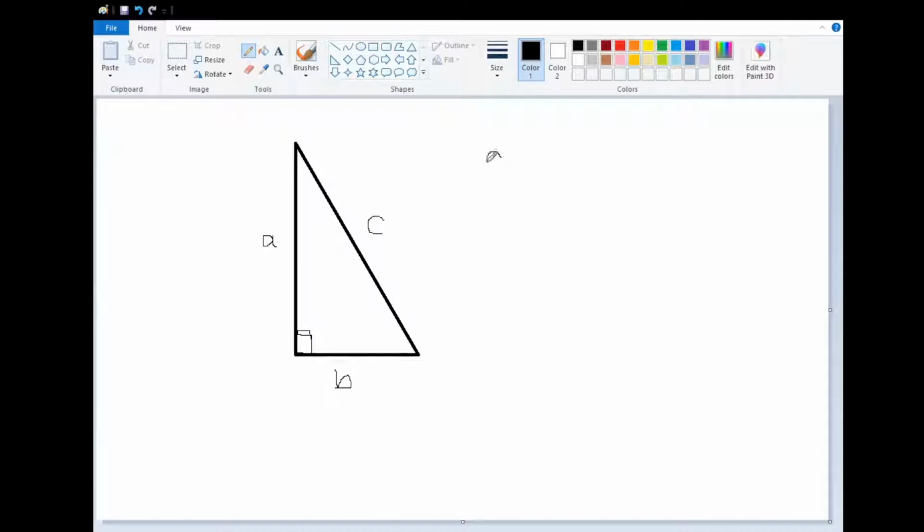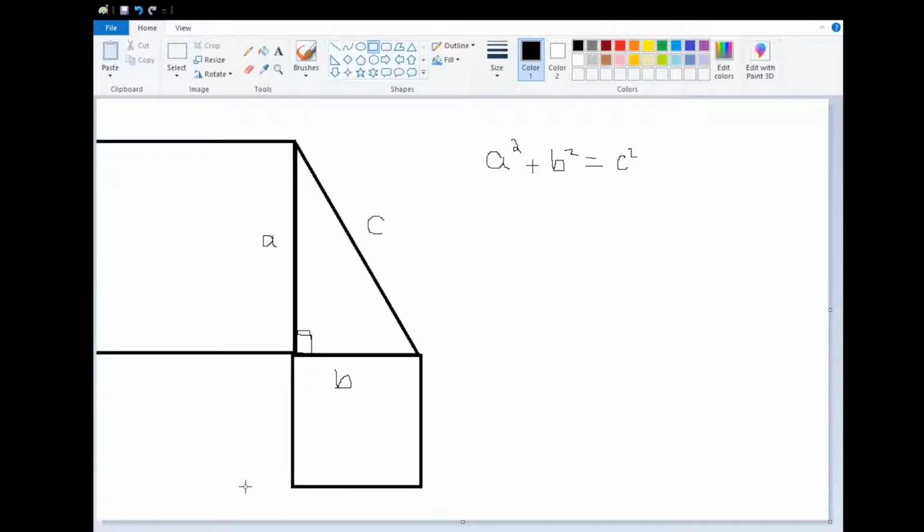So that's written in the very familiar a squared plus b squared equals c squared. But that's visually represented like so. So there's a squared. Here's b squared.